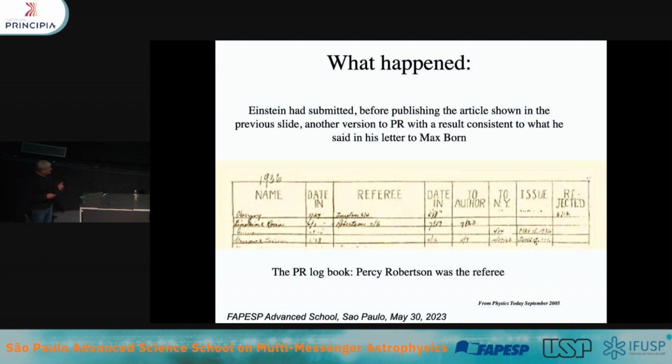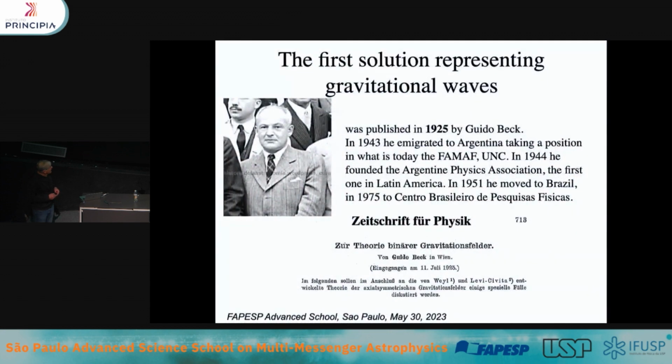And what is much less known is that actually that solution had already been found 11 years prior by Guido Beck.